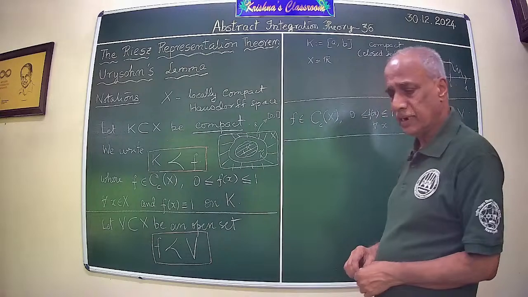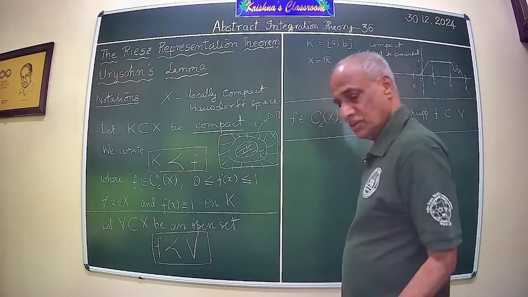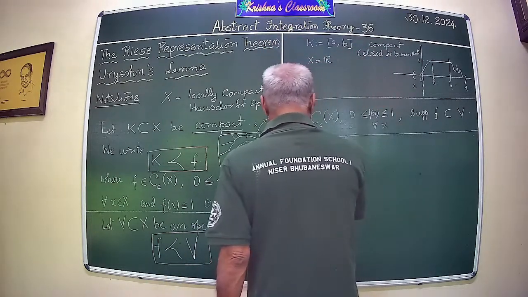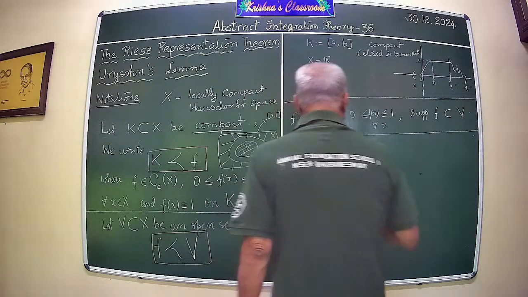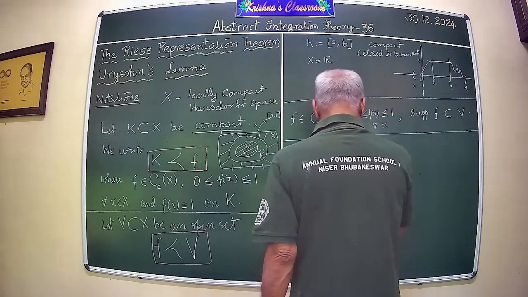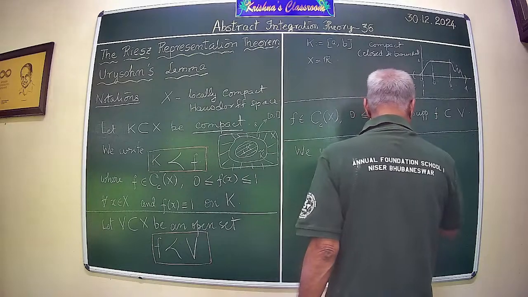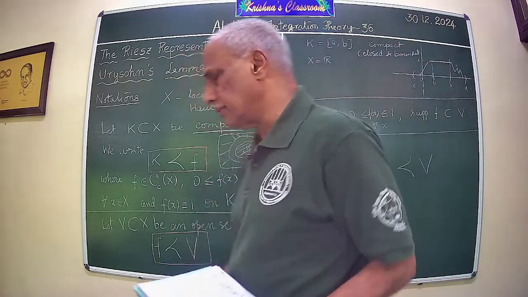Now what we shall do is combine these two notations. So we write K ≺ F ≺ V to mean the following.